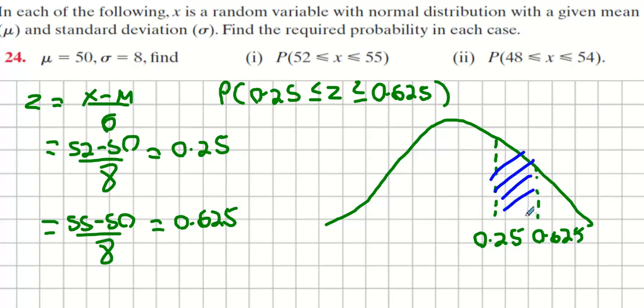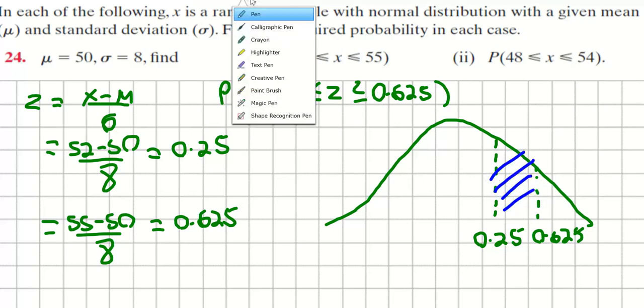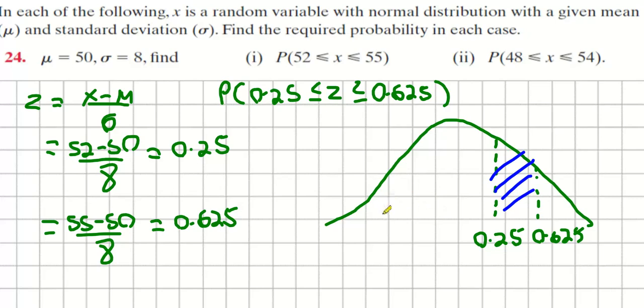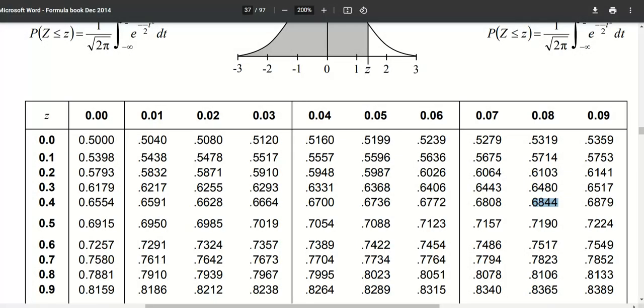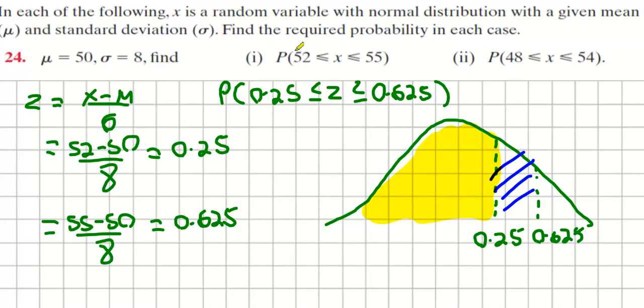Does that make sense? So the first thing I'm going to do is find out how much is below 0.25. So what is this yellow region? Go to my book here. 0.25. Who got 0.5987?